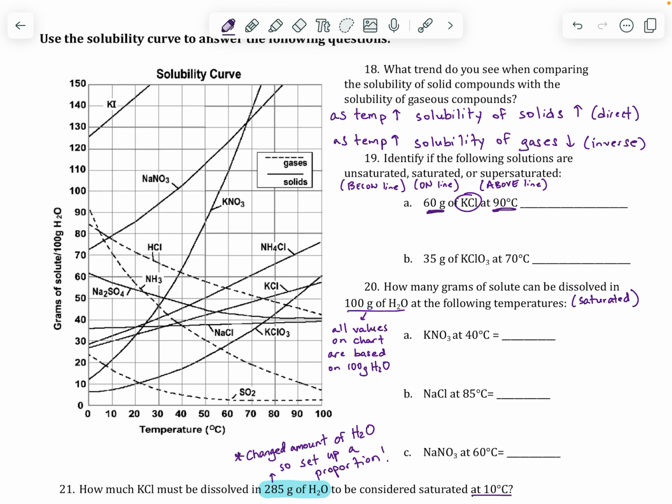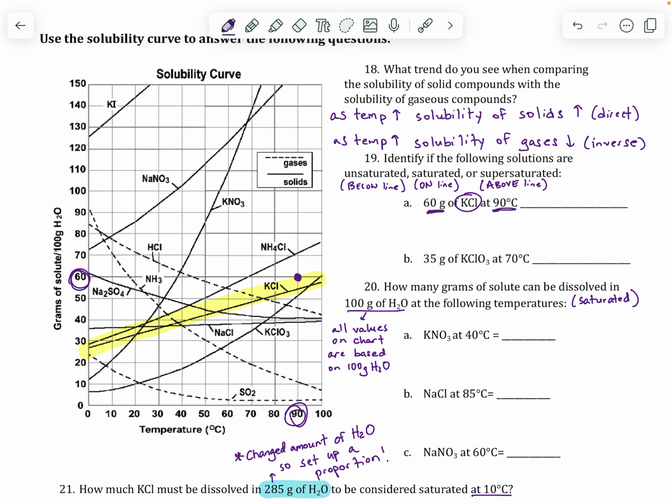Because this would be the saturation line, in this case we're talking about KCl, and so if this is the saturation line as the temperature goes for each of those temperatures, then I can identify if I have 60 grams, so 60 is right here, I am going to match up 90 and 60 and put a point there.